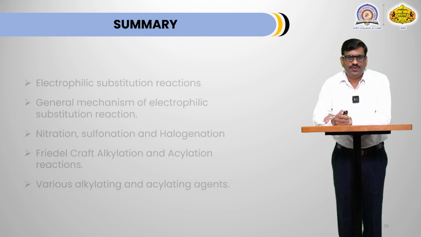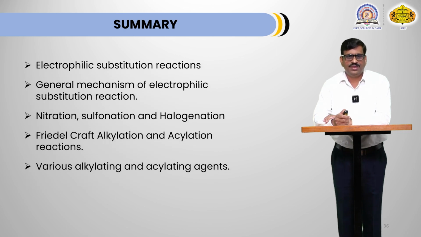Now, summary of today's lecture. In today's session, we have seen electrophilic substitution reaction. We have seen what the electrophilic substitution reaction is, and we have seen the general mechanism of electrophilic substitution reactions. We have seen the mechanism of nitration reaction in detail. We have seen the mechanism and formation of product in sulfonation reaction.